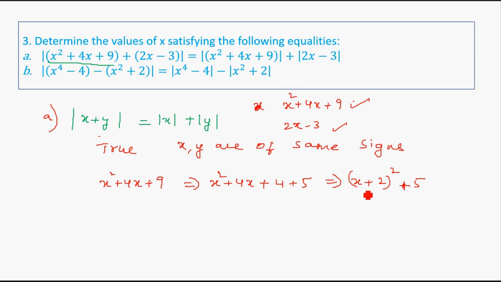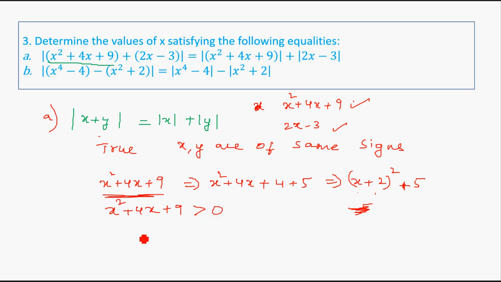Because whatever value of x you take, say if I take the value of x as minus 5, then minus 5 plus 2 is minus 3, and minus 3 whole square is 9. Because the x plus 2 term is getting squared, it only gets positive. So from that we can conclude that this term is always positive. Therefore x square plus 4x plus 9 is always greater than 0, right?